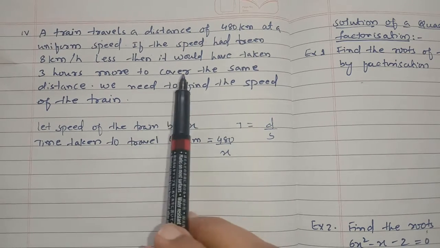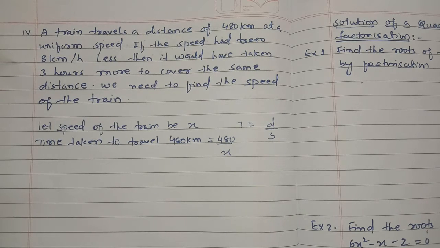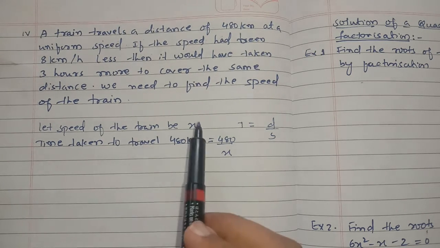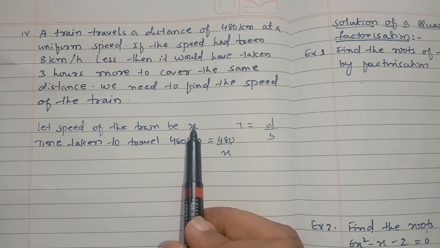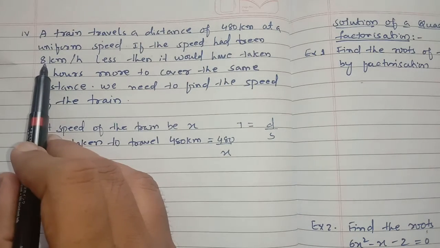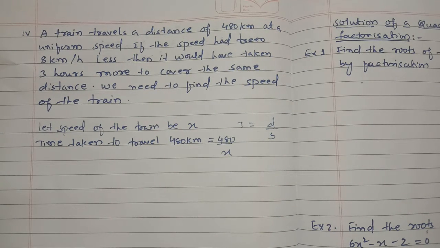In the second situation, it is given the speed had been 8 km per hour less. The present speed is x; if it is reduced by 8 km, then it will be x minus 8.